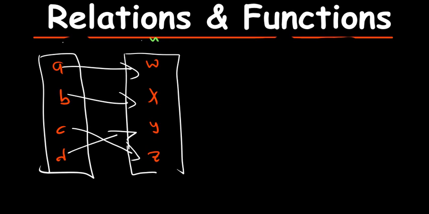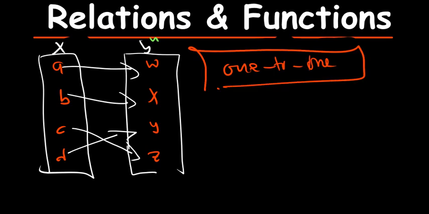This is what we call a one-to-one function. Why are we calling it a one-to-one function? Because every value of X is mapped into only one value of Y. Therefore this is a one-to-one function.